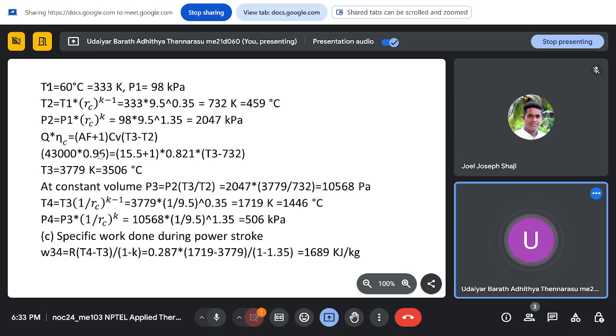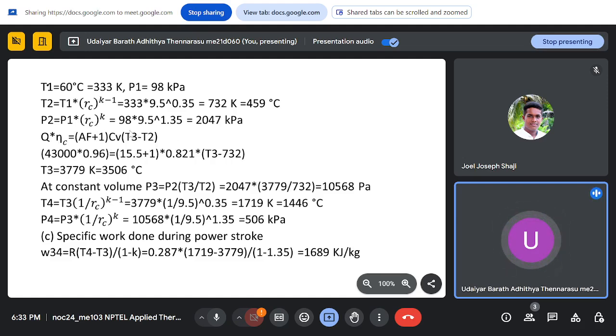The total heat added will be mass of fuel into calorific value into combustion efficiency. That mass of fuel, divided on the right side to make it look like air fuel ratio, plus 1 into Cv into T3 minus T2.